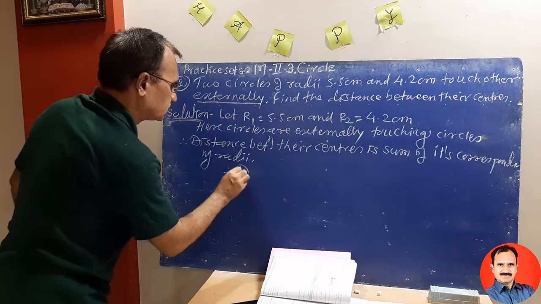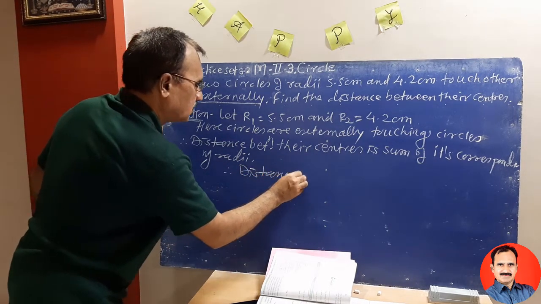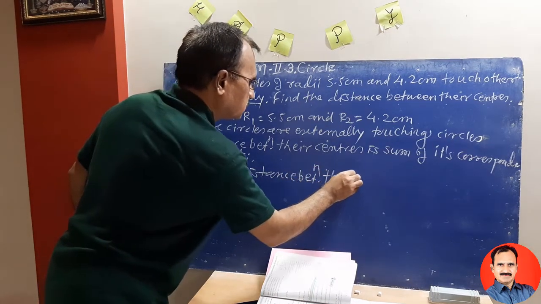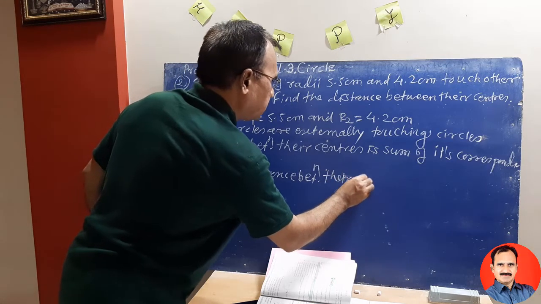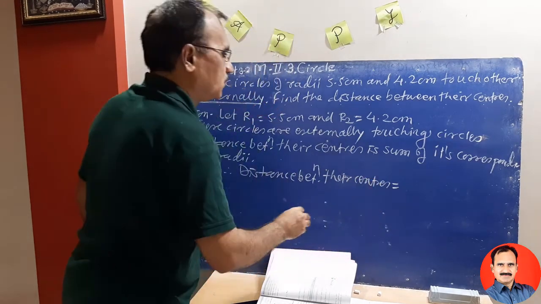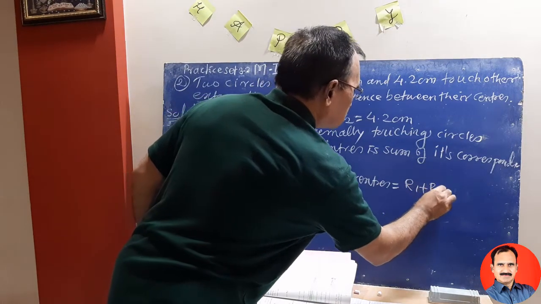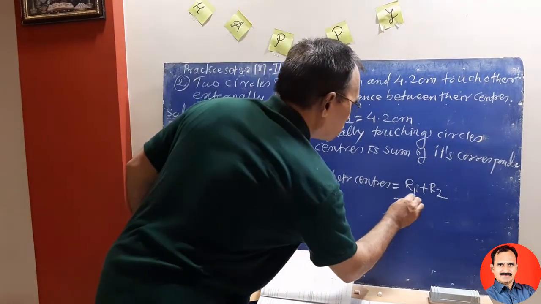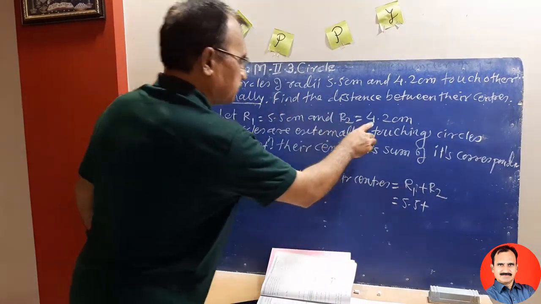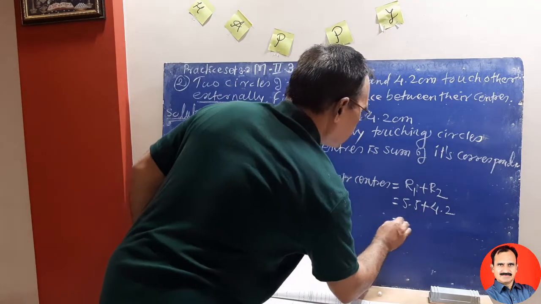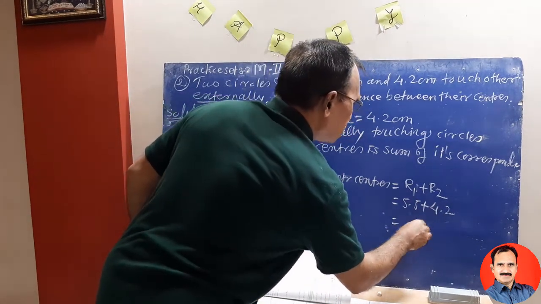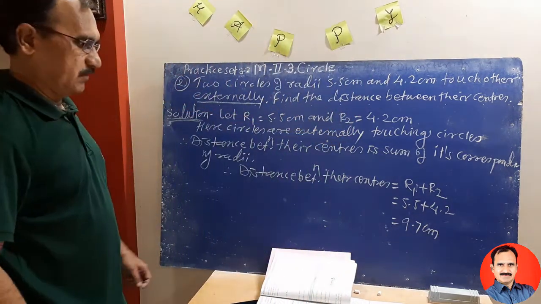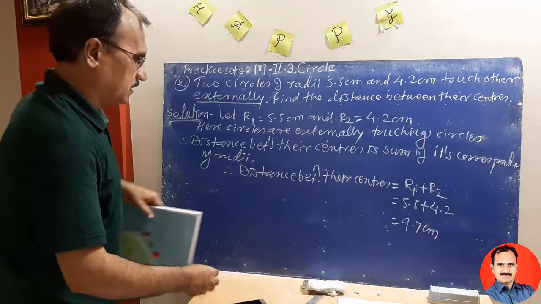So the distance between their centers is R1 plus R2, here R1 is 5.5 plus R2 is 4.2, which gives 9.7 cm, the required answer.